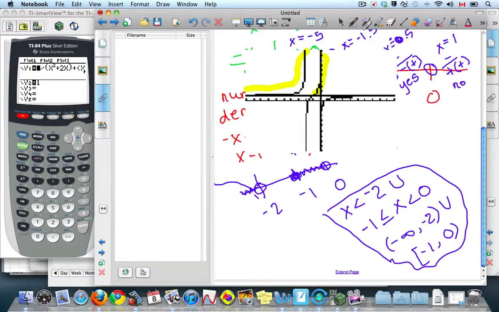Right, and one of the things I've been talking about in class is that x values are like vertical lines. And I have to think about my x value. If I take my vertical line, I ask myself, as I move my vertical line across, is it touching 1 or above 1?